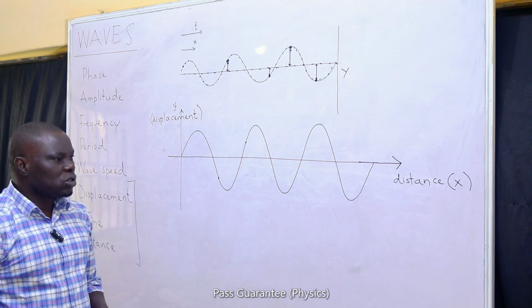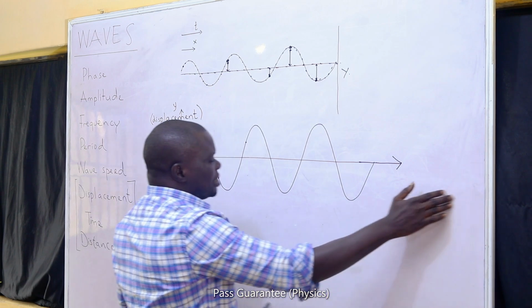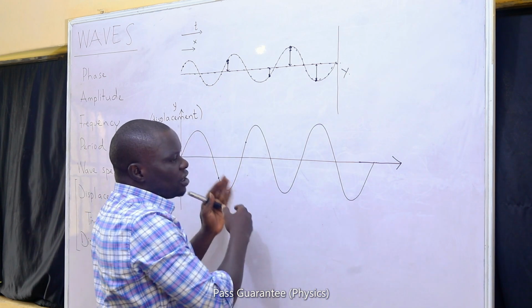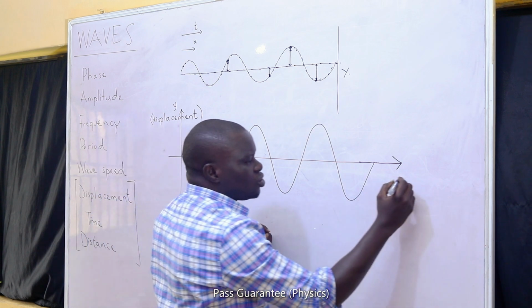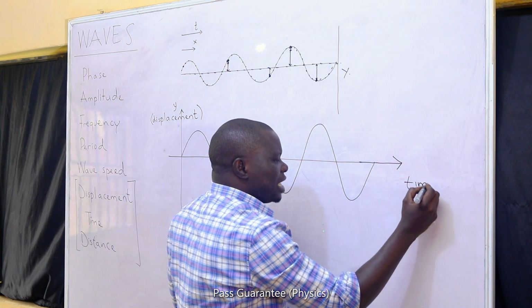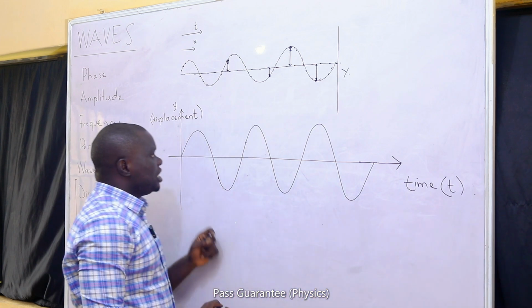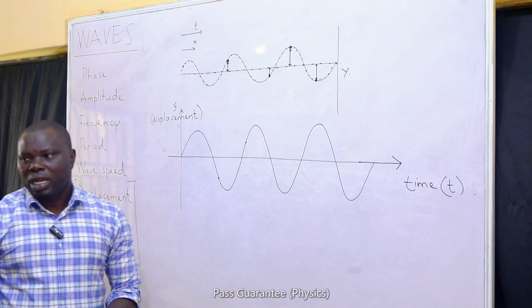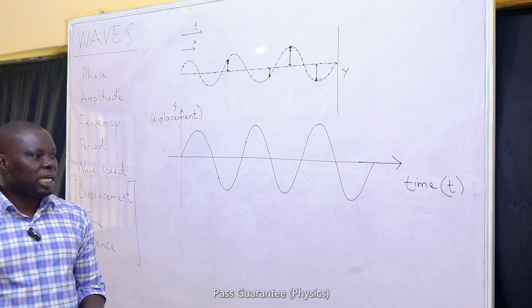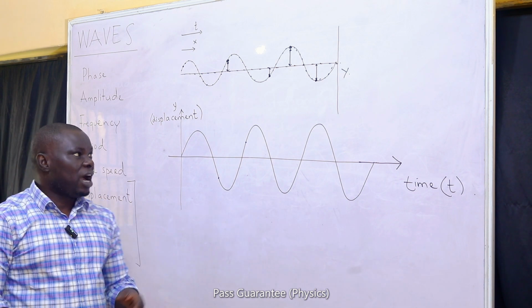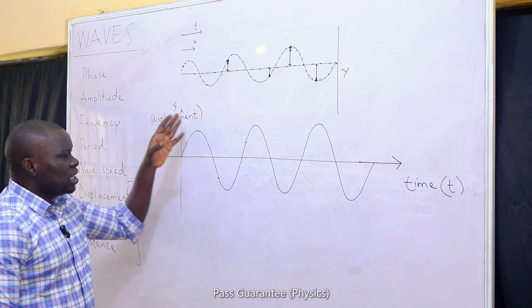We can also decide to plot the time taken by each pulse to get to the other end on the x-axis. In that case, we have a displacement-time graph. So there are two types of graph that we can use to represent a wave: the displacement-distance graph and the displacement-time graph.